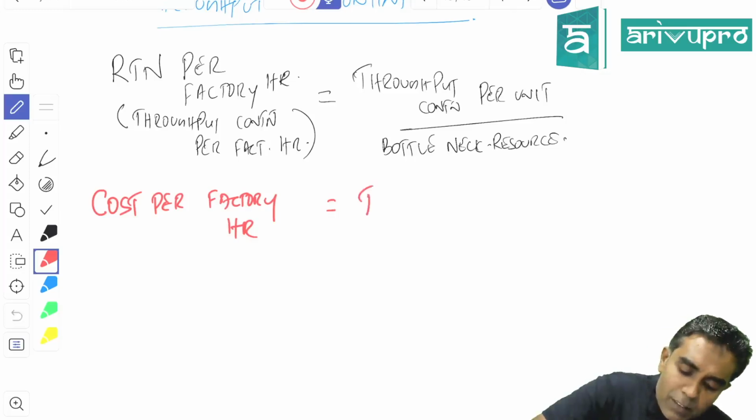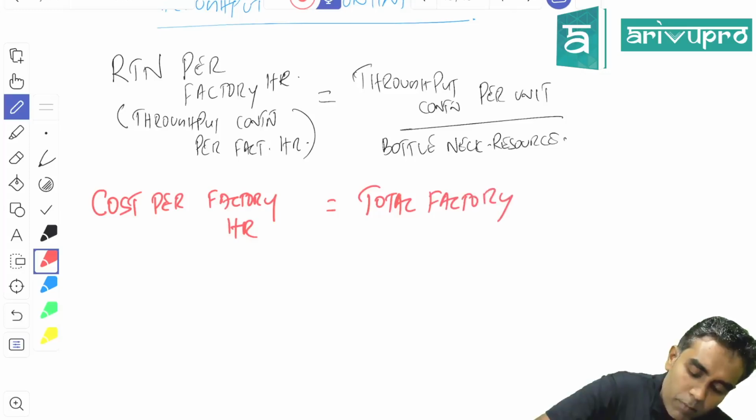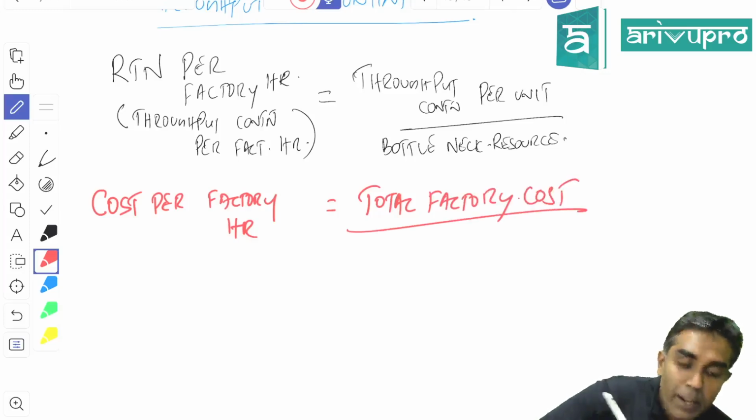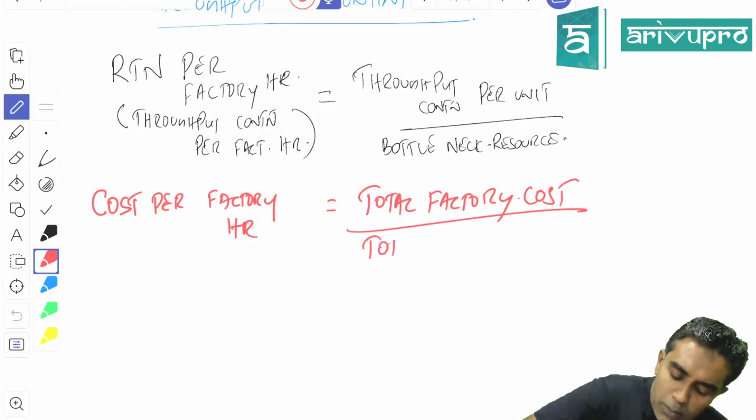How to calculate cost per factory hour? Total factory cost divided by total bottleneck resources.